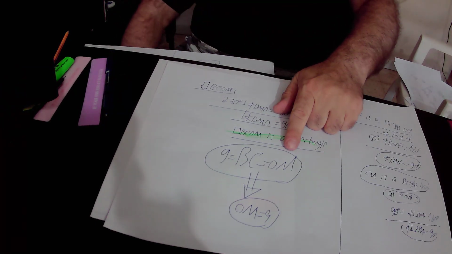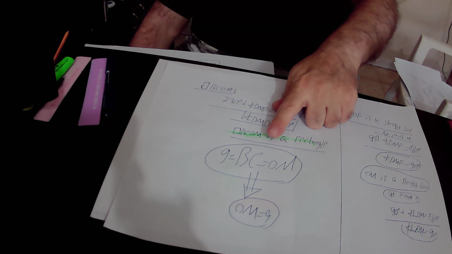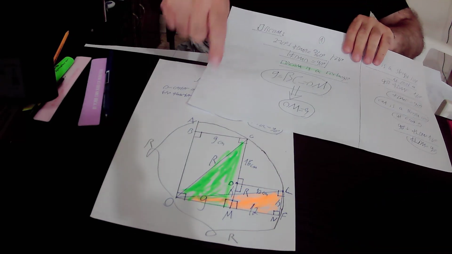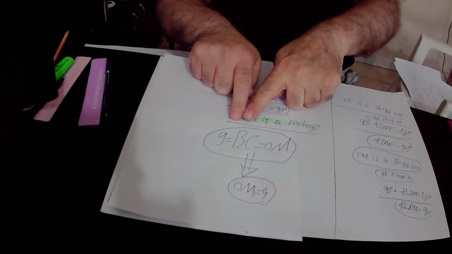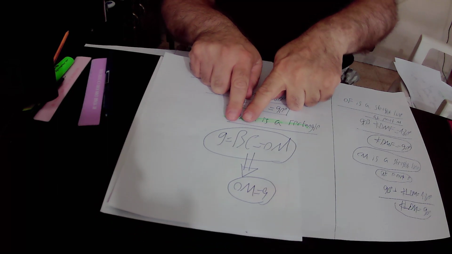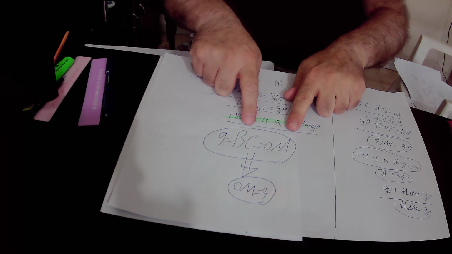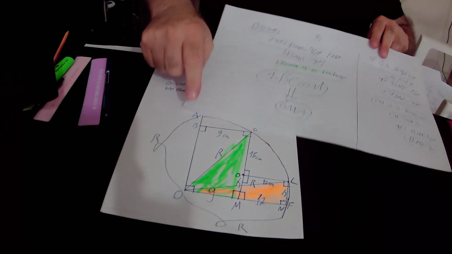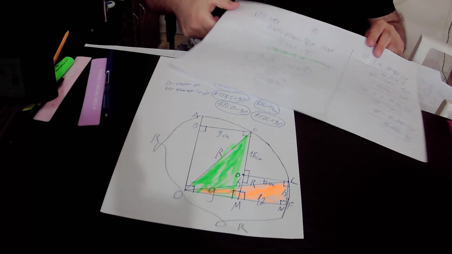But according to what is given, side BC equals 9 units. So from 9 equals BC equals OM, we derive that side OM is also equal to 9 units.